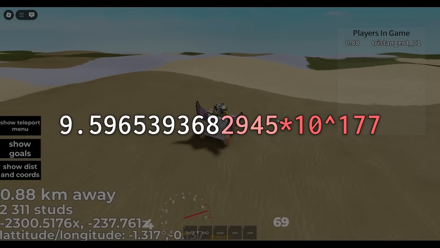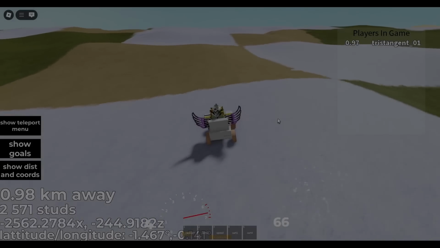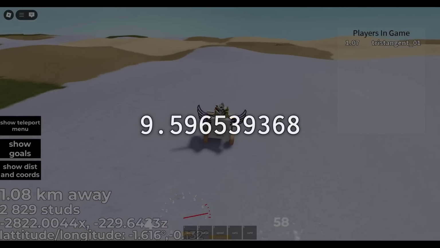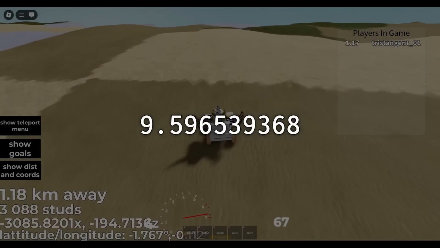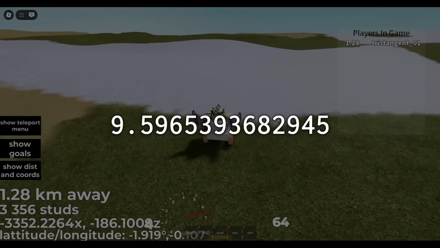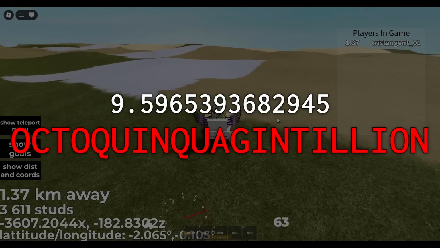9.59653936829945 times 10 to the 177 R6 avatars, otherwise known as 9.595653936829945 octoquinquagintillion.